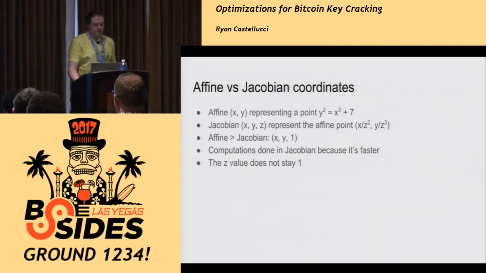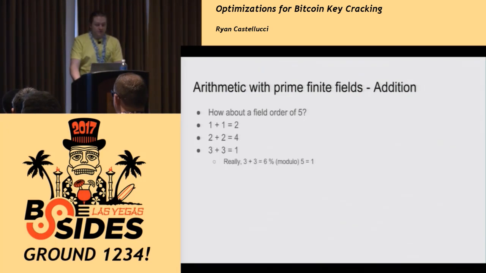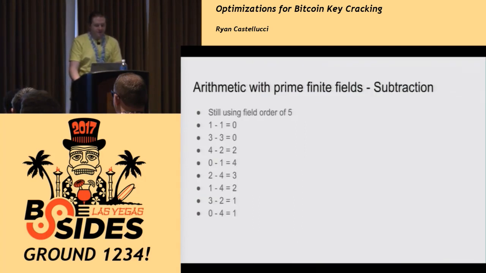I'm going to go very quickly through these slides because we were interrupted, and it's not super important. So 1 plus 1 is 2, 2 plus 2 is 4, 3 plus 3 is 1, because modular arithmetic. If you want to look up finite field arithmetic and modular arithmetic, please do so. I don't have time to explain it.